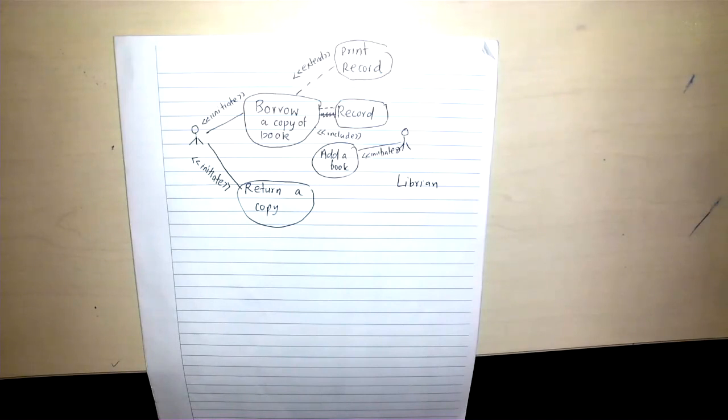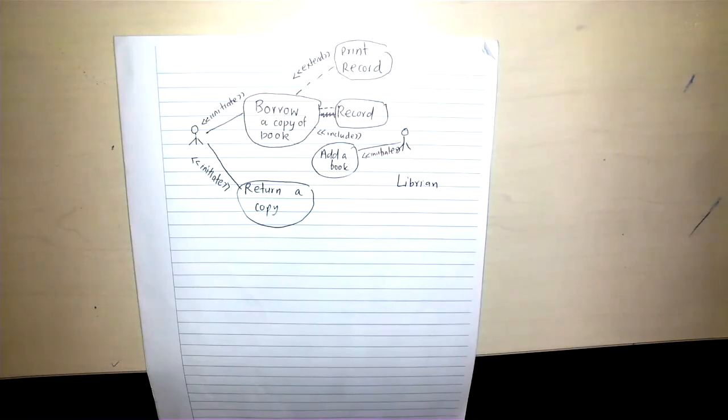But on the question of whether it's an include or an extend, the question you need to ask is: is the base use case capable of independent existence without the sub-use case? In the first scenario, recording the transaction must be a part of the base use case, so it must be included.